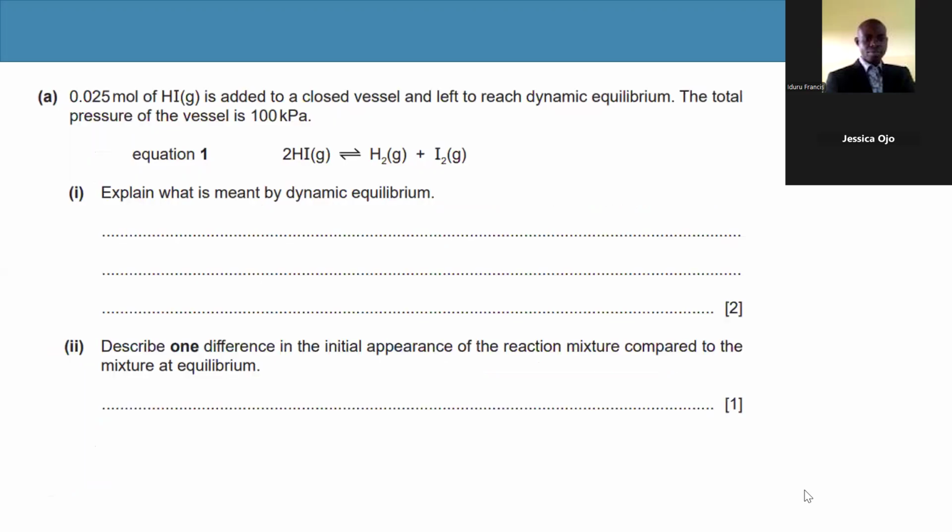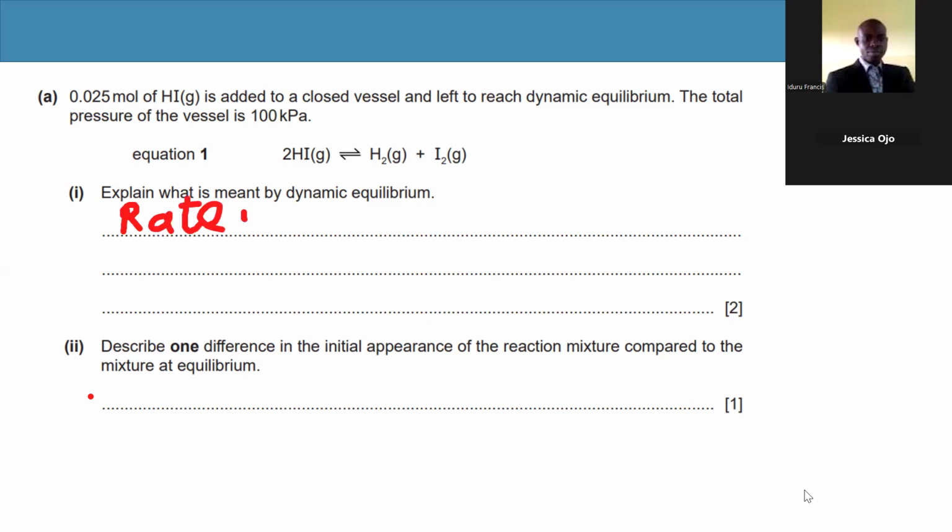I would say that the reactants are continuously forming products as products are continuously forming reactants in fixed concentrations. Okay, so you will tell me the rate of what?